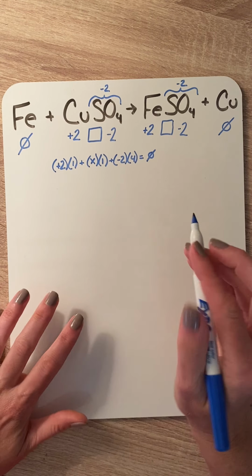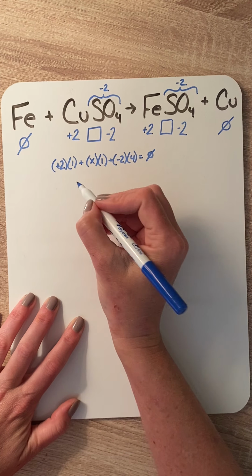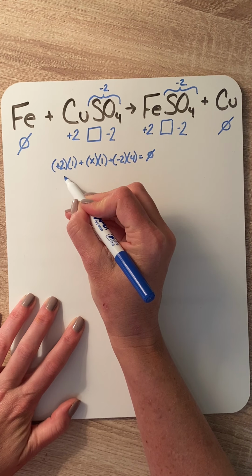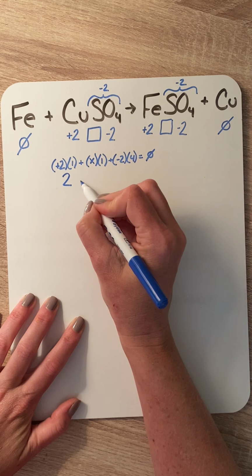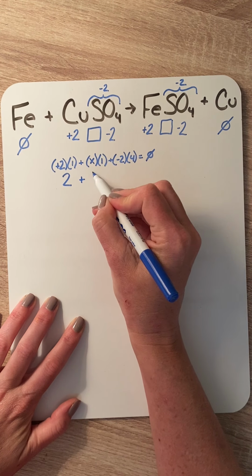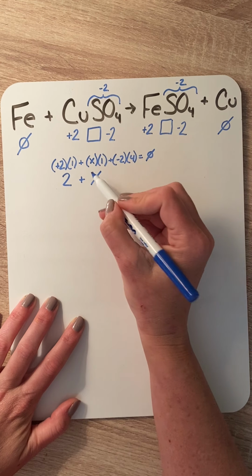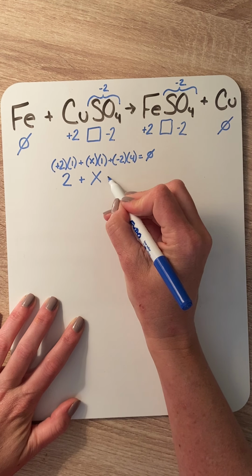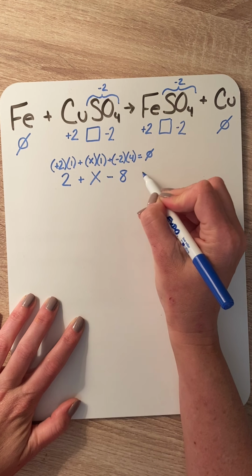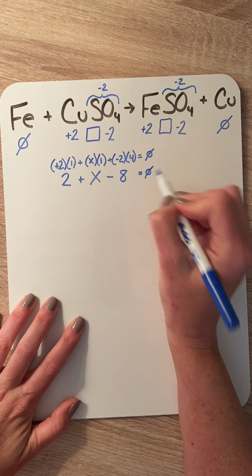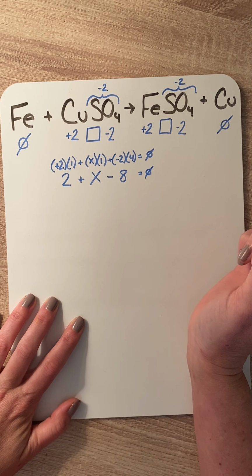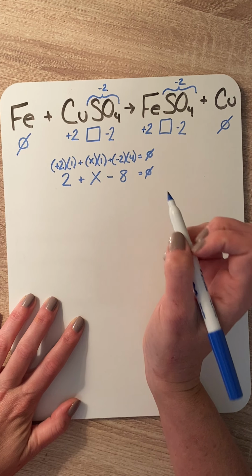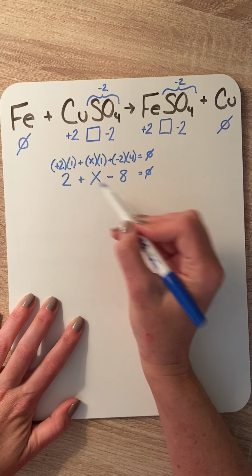So now let's clean this up a little bit. Let's get rid of some of these parentheses. So I have 2 plus x, because it's x times 1. And then I have -2 times 4 for a -8. And that'll equal 0. So I'm going to condense this a little more. I have my x, and then I have 2 and -8.